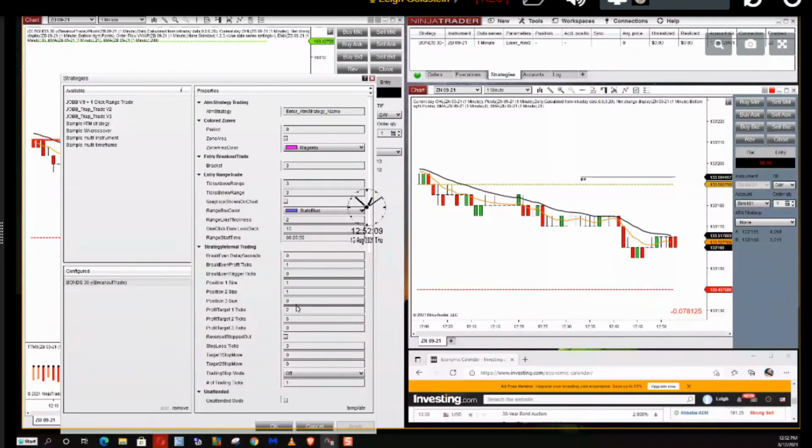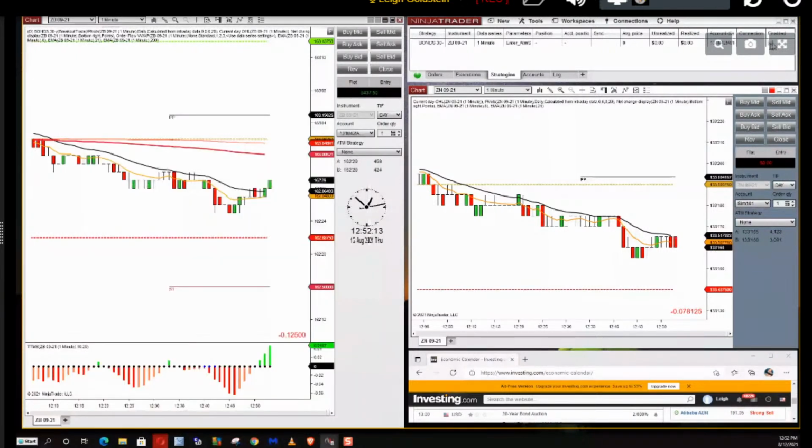All right, 1 for 2 ticks, 1 for 6 ticks, looking good. So if I get stopped, it'll be 187.